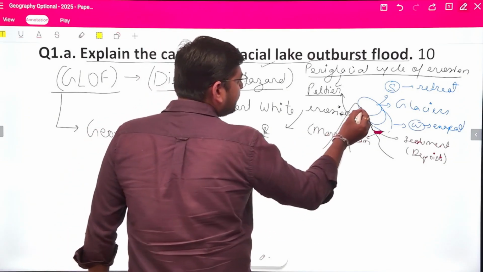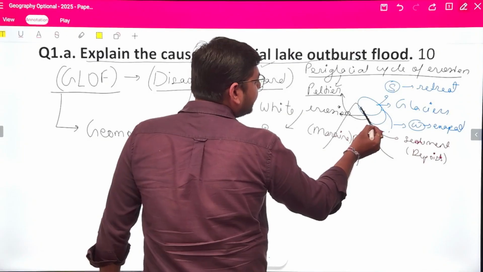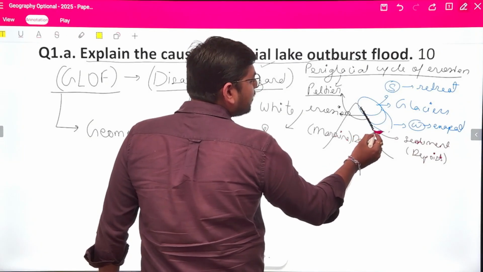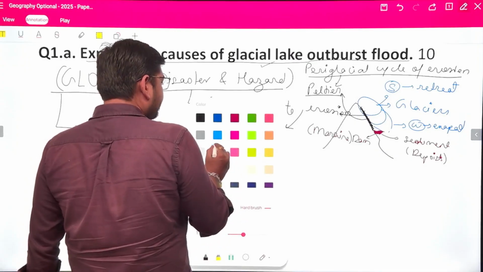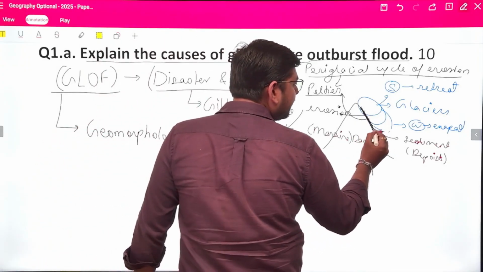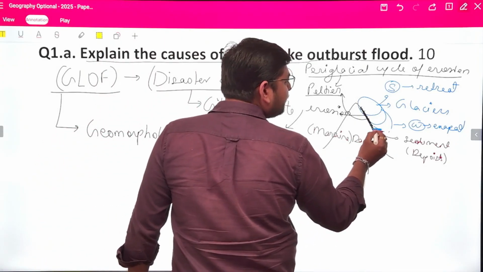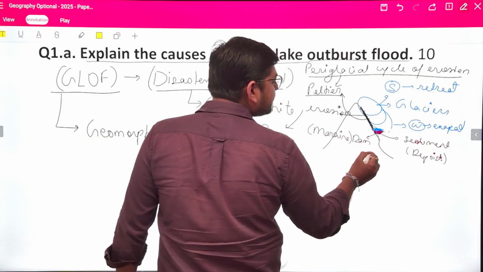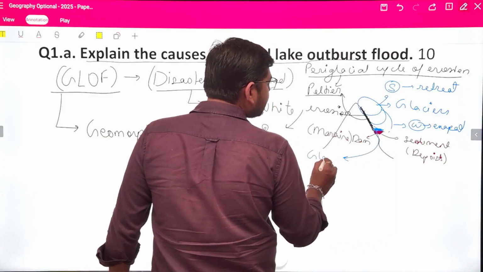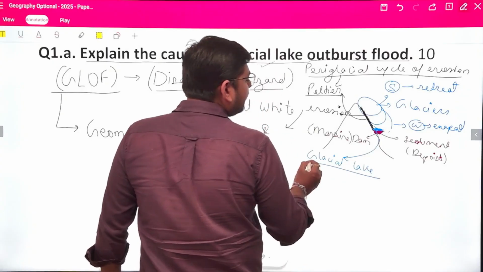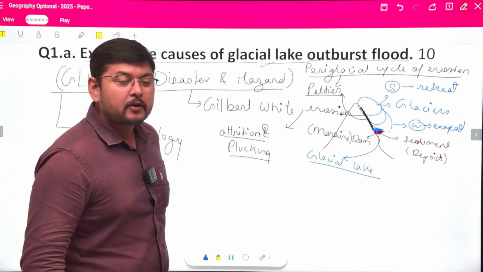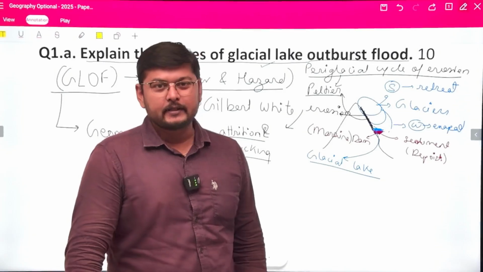Because of the attrition and plucking of the various sediments and rocks, these sediments and rocks get deposited here, and during the summer period, when the melting of the glacier occurs, this results in the development of a glacial lake. This glacial lake is formed because of the melting of the glaciers during the summer season.